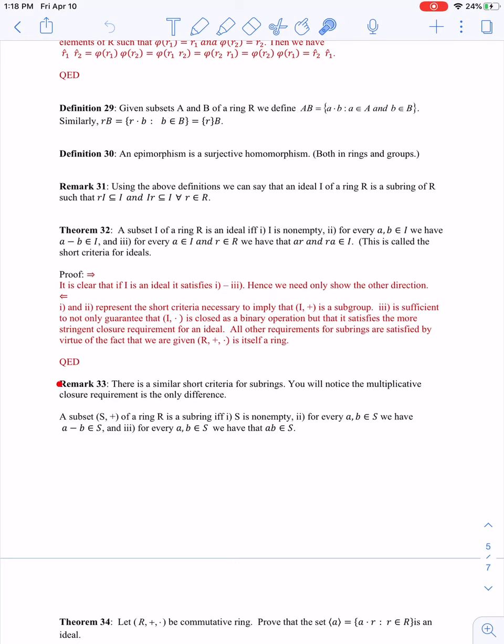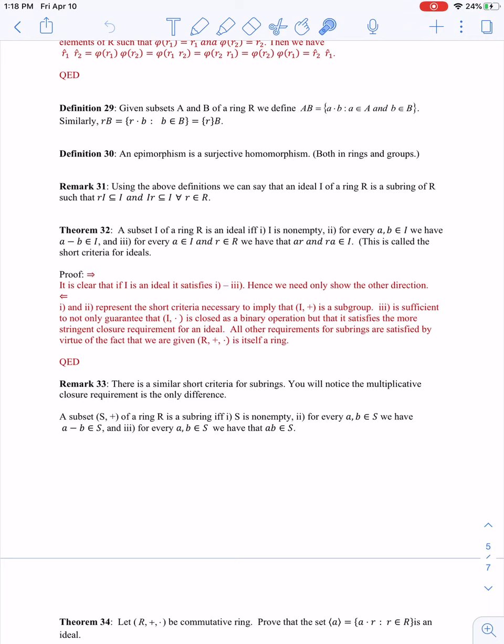And by the way, remark 33, there is a short criteria for subrings, just like there's a short criteria for ideals, and it looks an awful lot the same. If a subset S is a subset of a ring R, then it's a subring if all you have to prove is that it's non-empty, that if you have two things in S, the first subtract the other is in S, and that dot is closed.